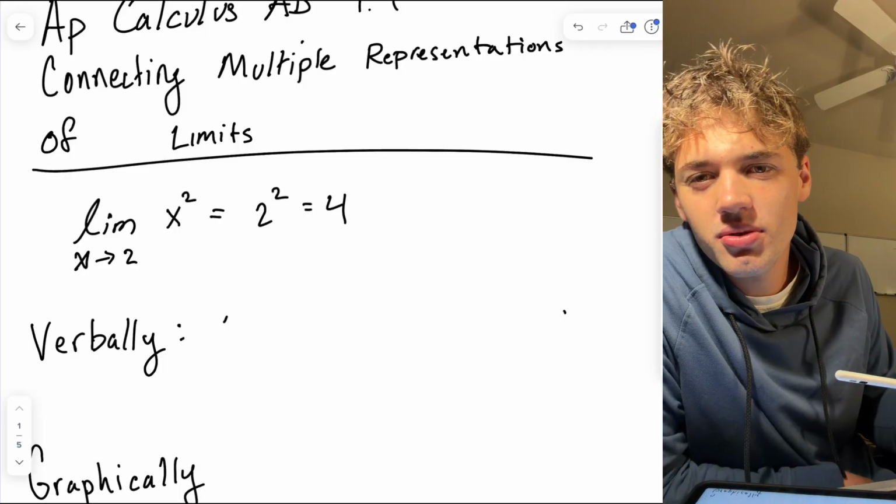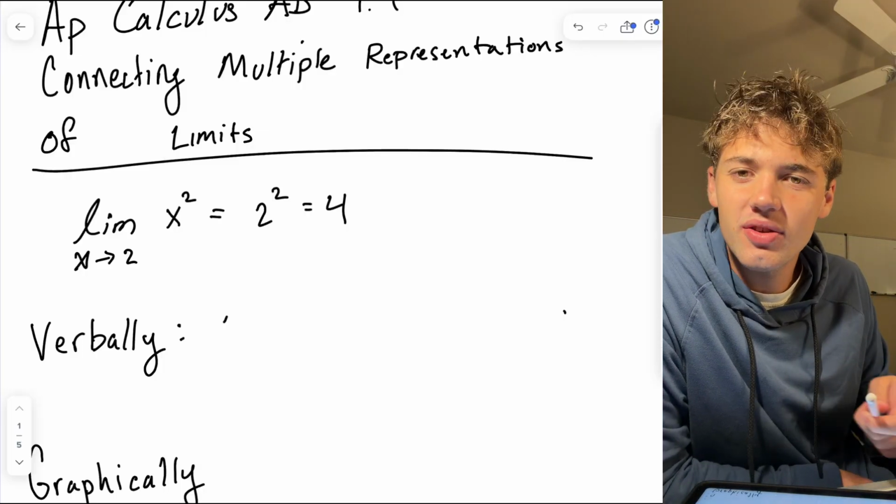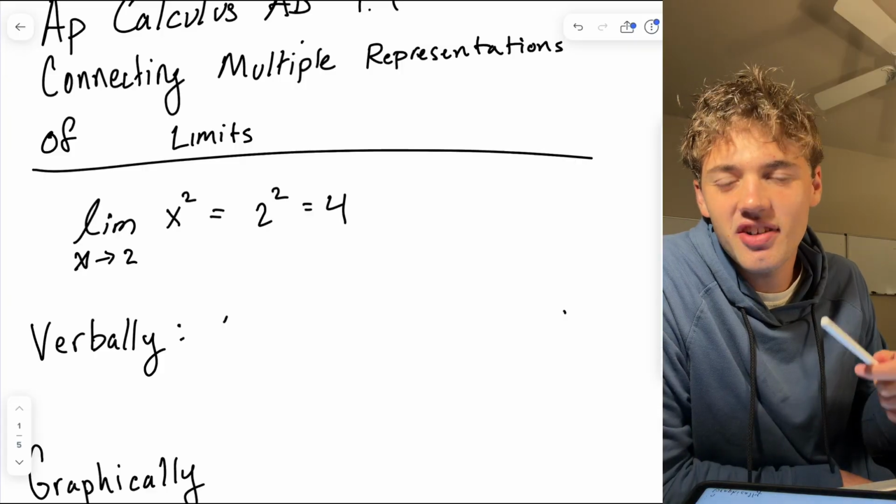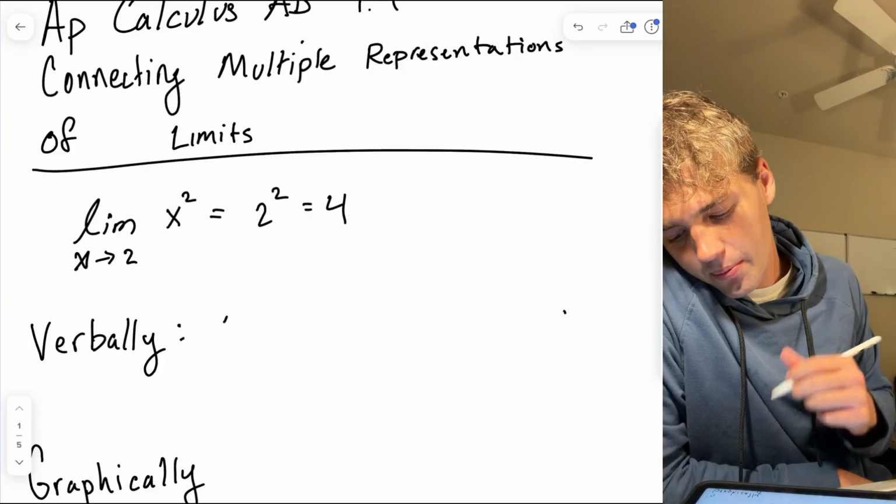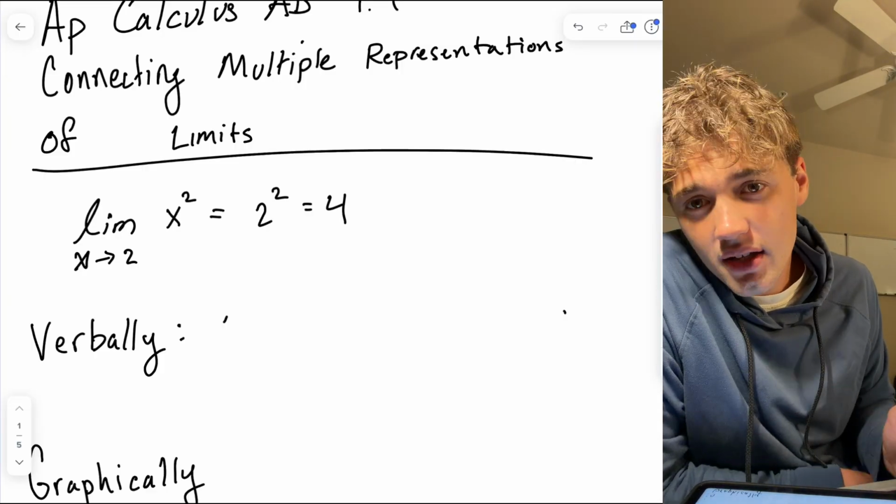As x approaches 2, where is x squared going? Do we understand what that means in different ways? So for example, could we write it out in English?